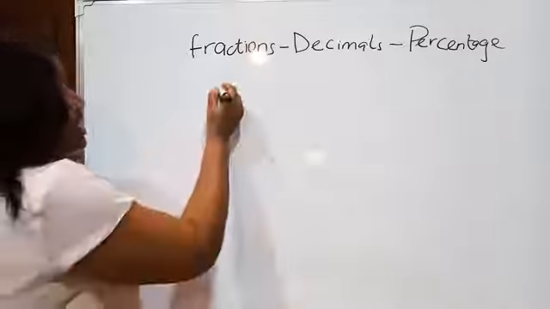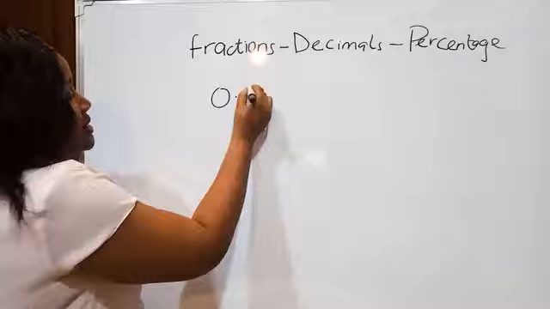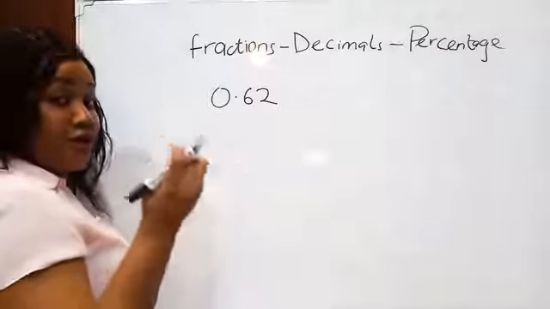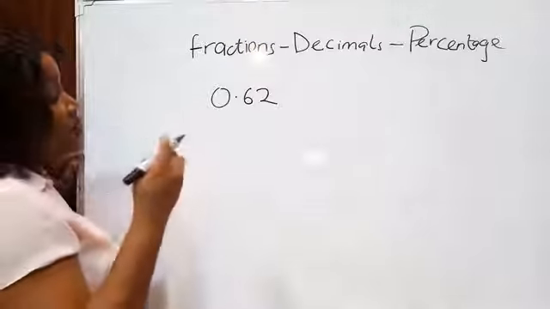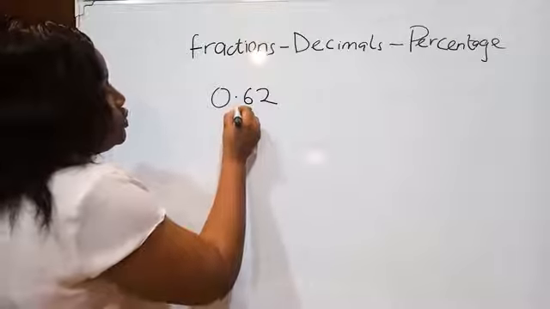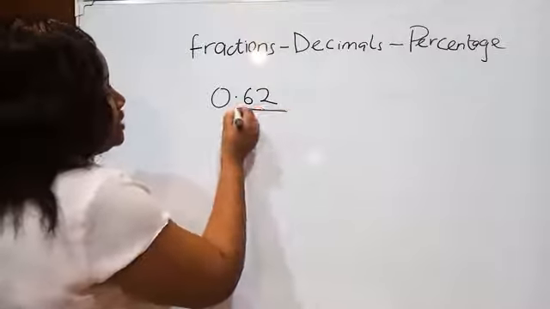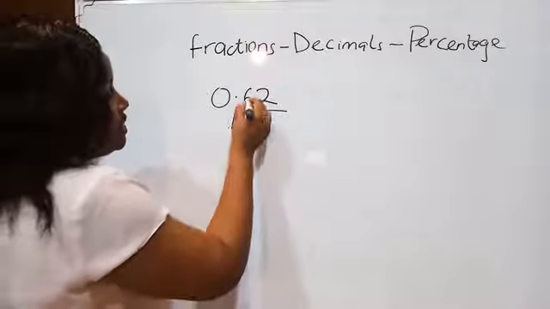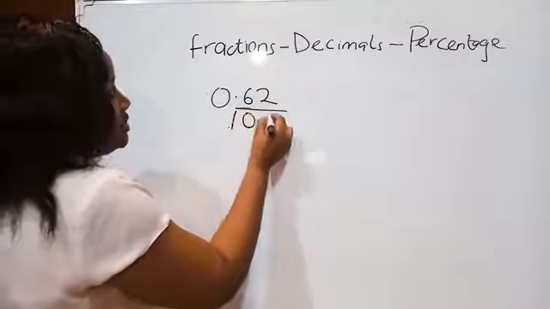Let's try to express 0.62 as a fraction and reduce it to its lowest terms. So you have 0.62. Starting from the decimal point, 1 under 6, 0 under 2, 0.